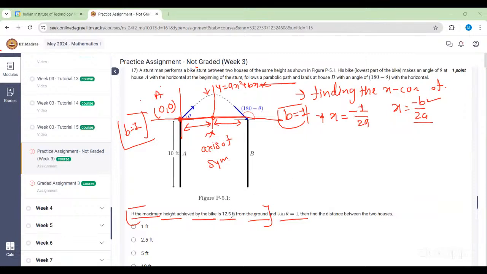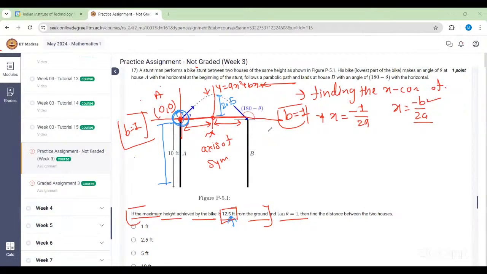And it is given that the maximum height achieved by the bike is 12.5 feet. So when we are at the vertex, the height is 12.5 feet. But since we are considering our origin to be at point A, we have to subtract this 10 feet distance from this height. That means in place of 12.5, I have to consider this particular distance to be 2.5 only.